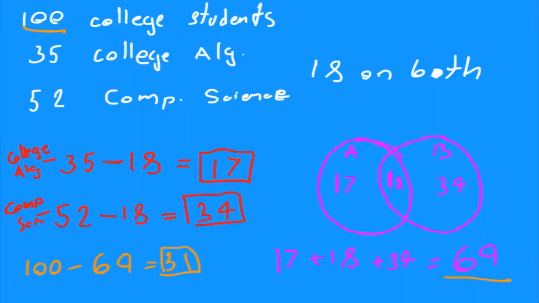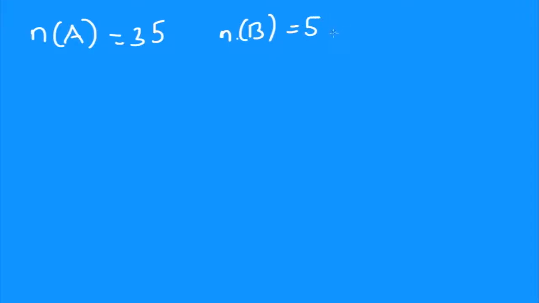Now, let's do something else. Let's say that you have n(A) equals 35. This is something that you will see. Same thing. n(B) equals 52.